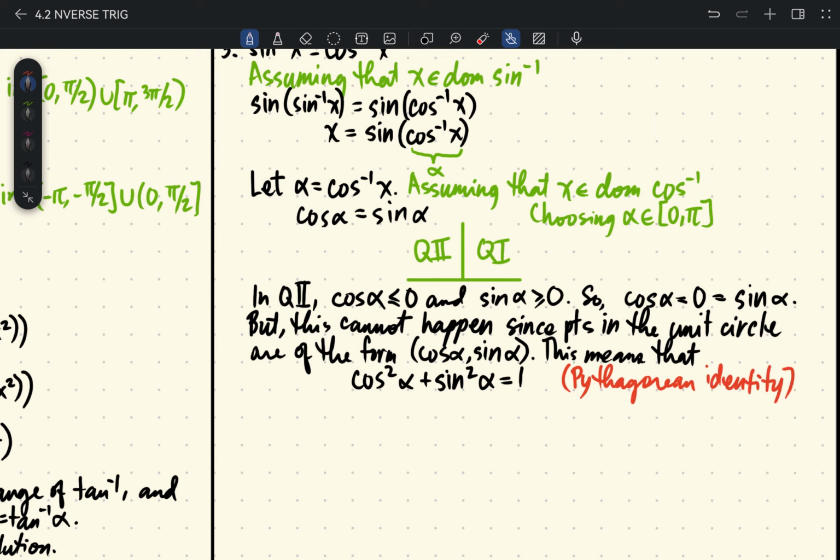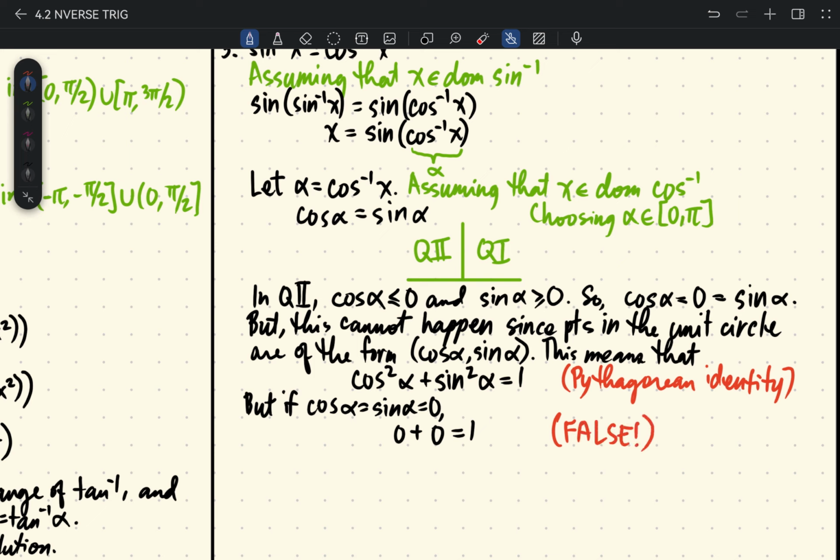But if cosine alpha equals sine alpha equals 0, that means that cosine squared alpha, which is 0, plus sine squared alpha, which is 0, equals 1, which is obviously false.